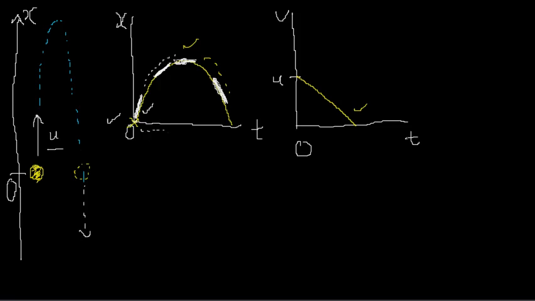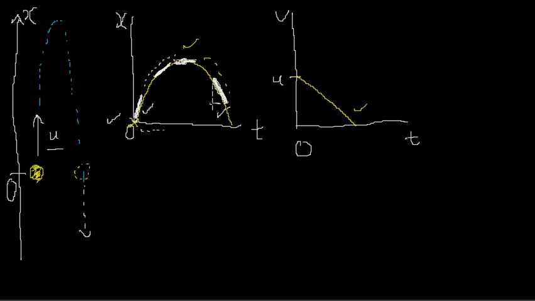Because if we think of finding the gradient here, for a time interval for this horizontal distance, the vertical distance decreases, from there to there. So there's a decrease in the vertical distance.